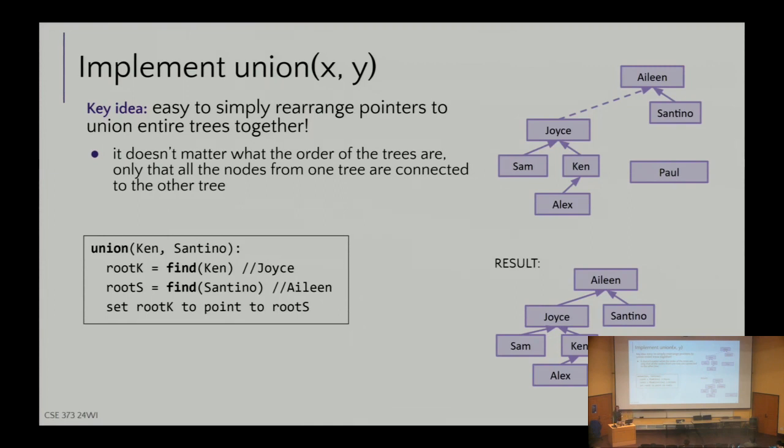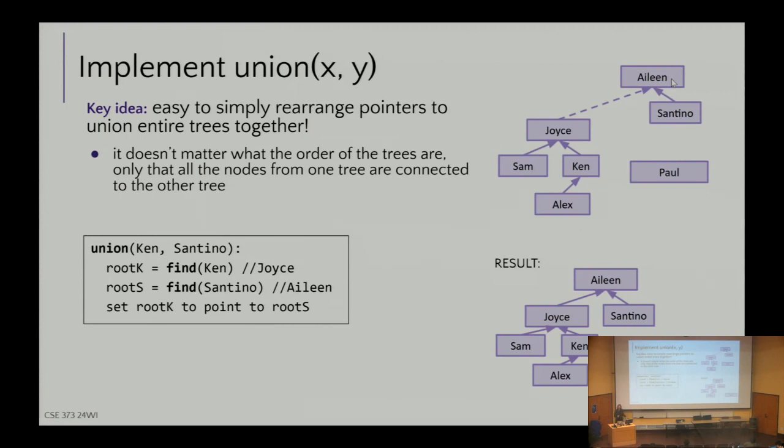So if I'm unioning Ken and Santino, I've got my hash map that's like, find me Ken. I would jump in here, and then I would follow the parent pointers, and I'd be like, oh, Ken's overall root is Joyce. And then I would say, okay, find Santino, and I would jump here, and I would move up, and I'd say, oh, Santino's overall root is Eileen.